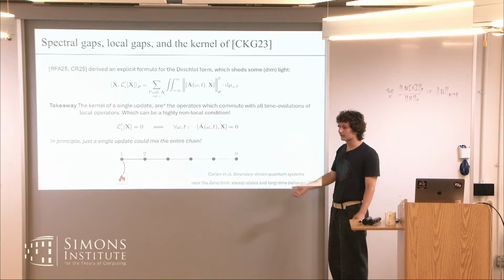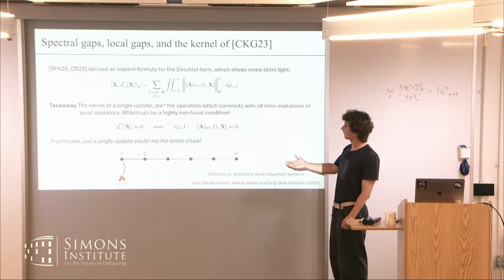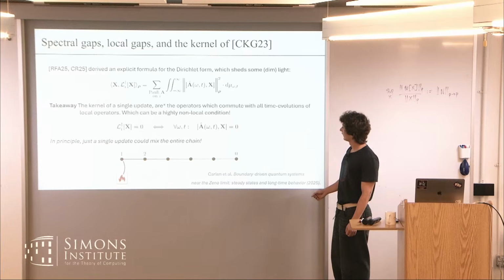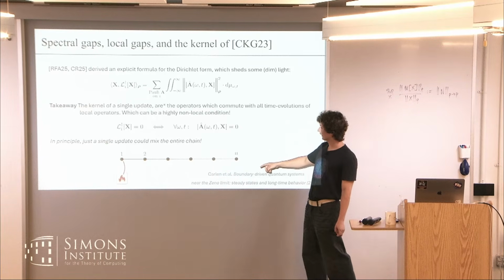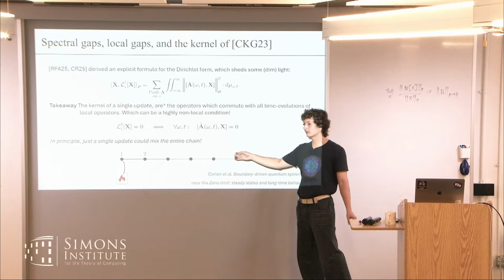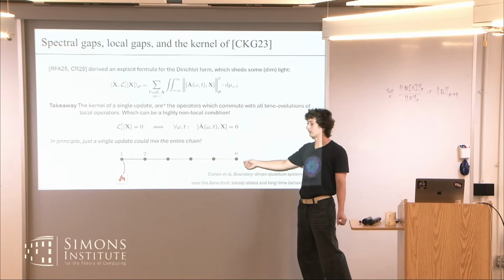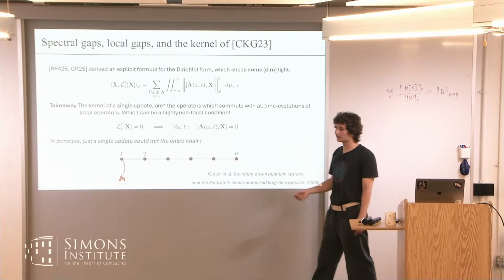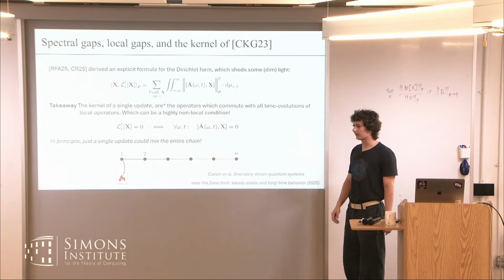It's not ergodic. There's no way for it to converge. But what I'm arguing here is that since the updates in these non-commuting Lindbladians are time evolutions, the time evolution spreads through the entire system. So in principle, it could converge the entire chain.